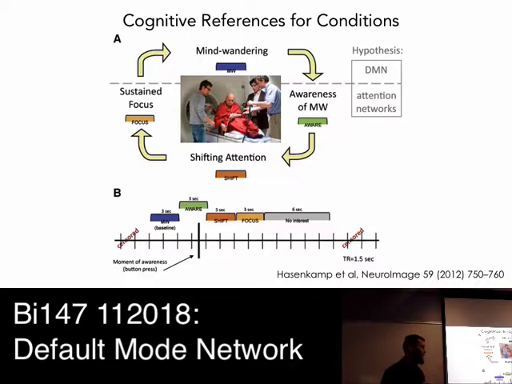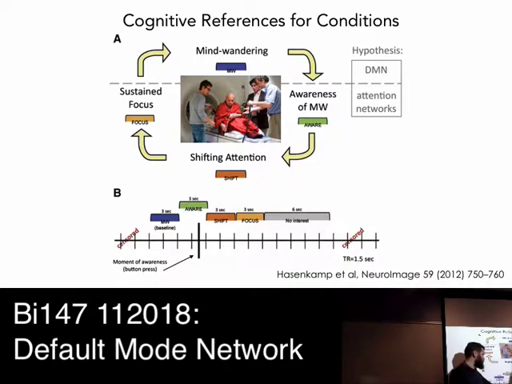So here's the way they mapped the functional MRI data onto the timeline. There was the click, right? Here's the brain scan, and there's the click. They're assuming that click is somewhere within each of these cognitive tasks: mind wandering, aware, shifting, and focus. Being aware and shifting attention back to focus each have roughly 3 seconds.